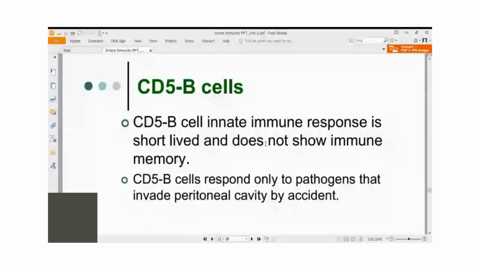Once the bacterial infection goes, these CD5B cells become quiet and remain quiet there. Once again, if there is an infection, they get activated. So the immune memory is not there and they respond innately. And they are restricted only to the peritoneal cavity.